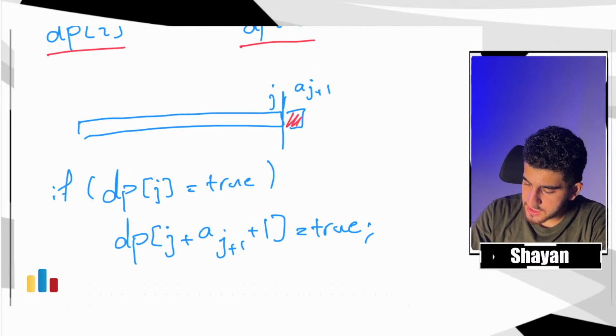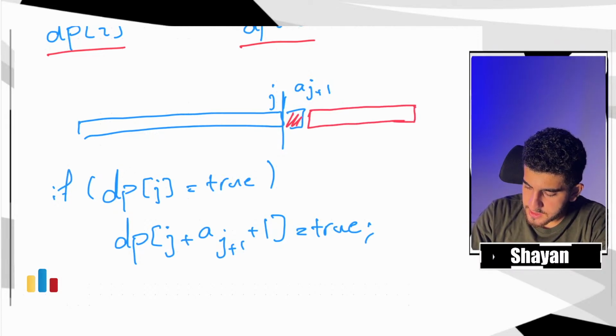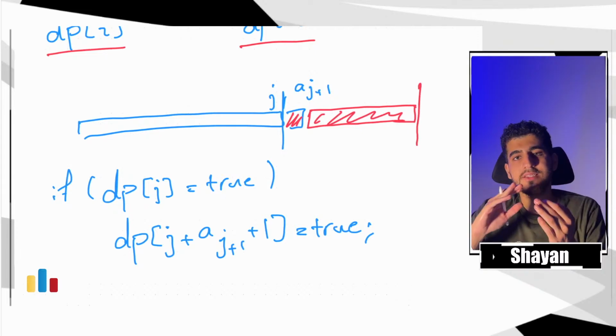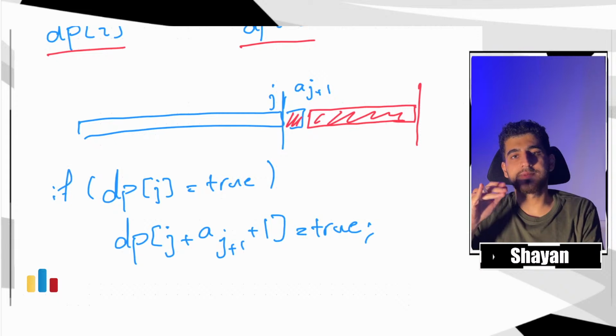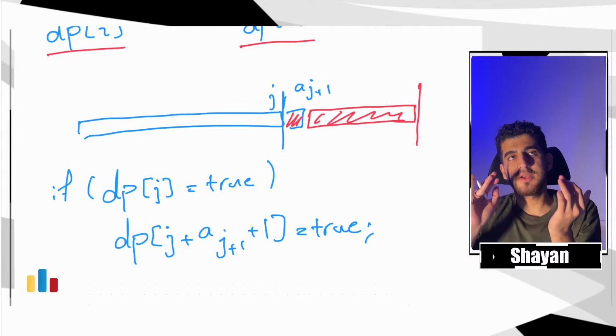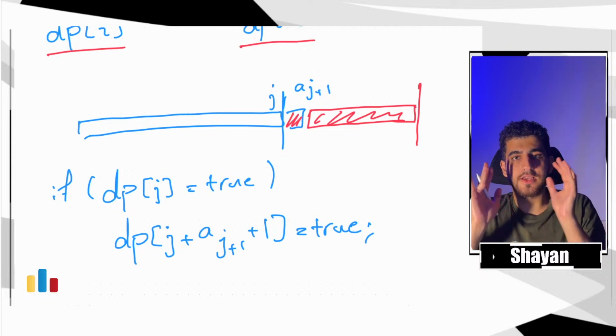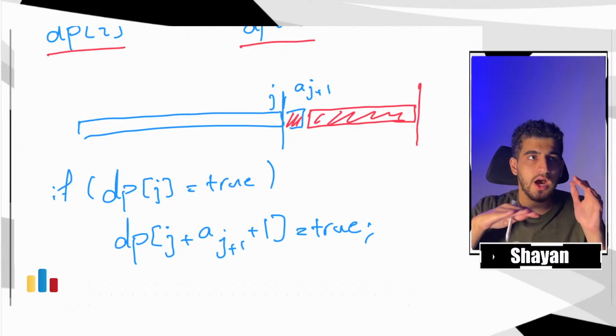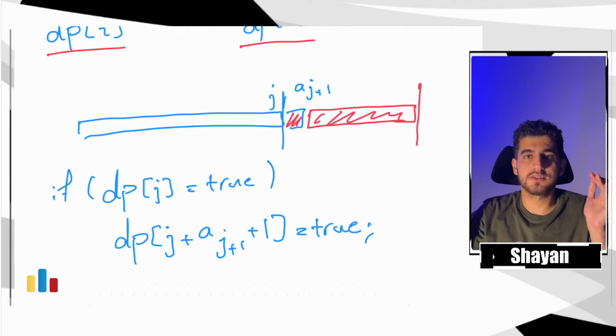This can be the size, and then there can be a sub j plus 1 elements in here. So this dp will be true as well. So this case will be updated in the other way. I will update it forwardly. I mean, when I'm at some point that I know its answer is true, I will update the next indices.